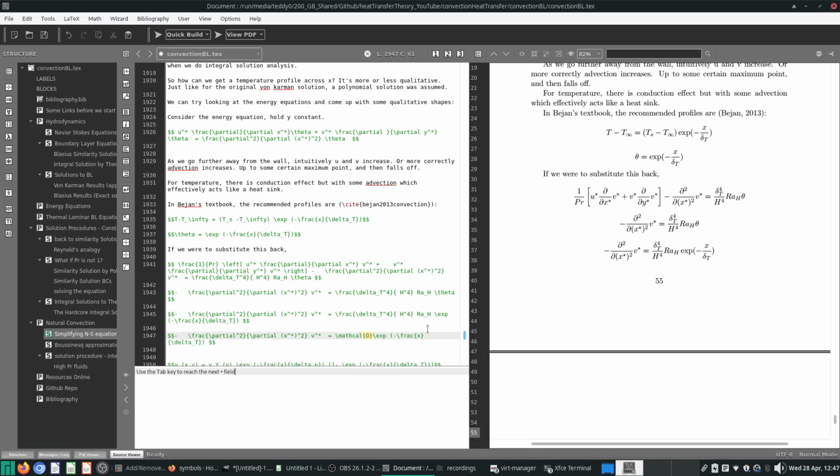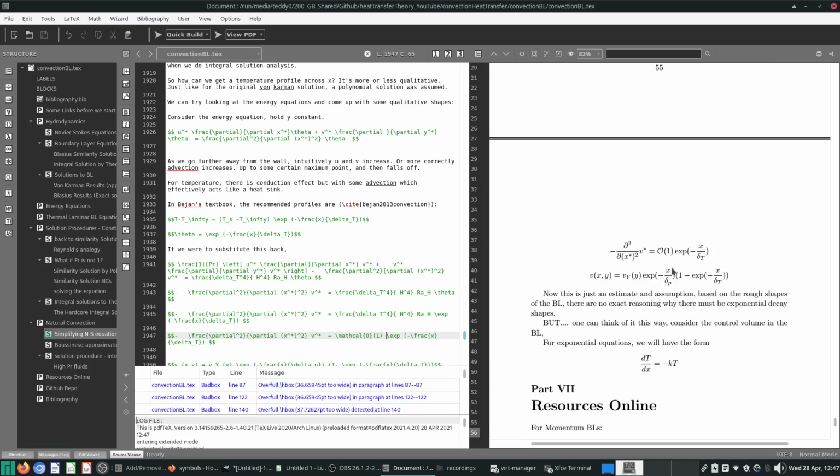So this should be on the order of magnitude of 1 times this exponential term. So now we see that v star is equal to some function of exponential minus x over delta t.